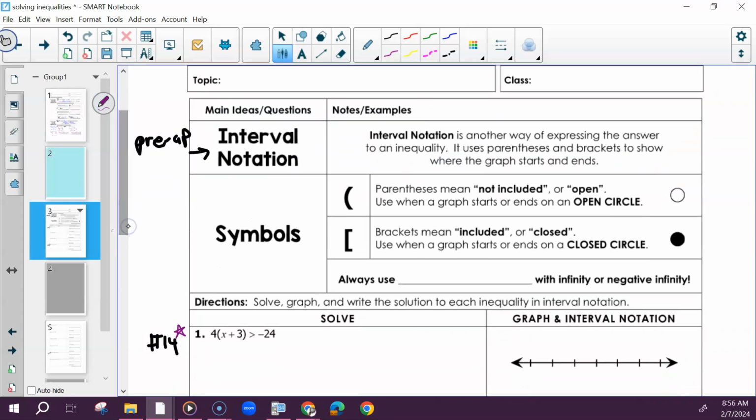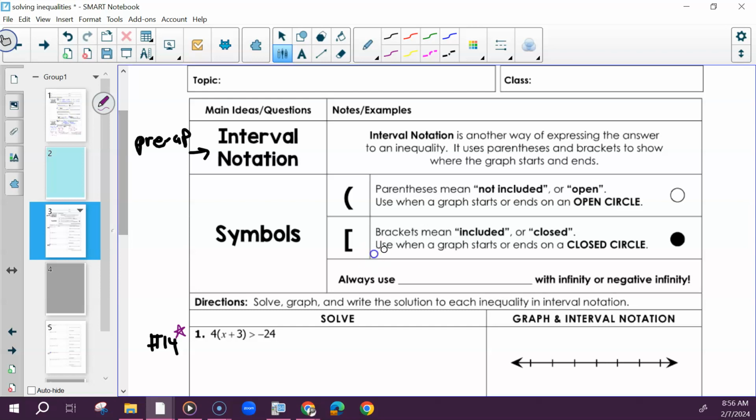So not only do we need to know how to solve it, how to graph it, and write it, but also we need to talk about interval notation. So this is different than us writing x is greater than 1. It's similar, but a little different, because now we're going to be using parentheses or square brackets. So we use parentheses if we were to use an open circle, because it means it's not included.